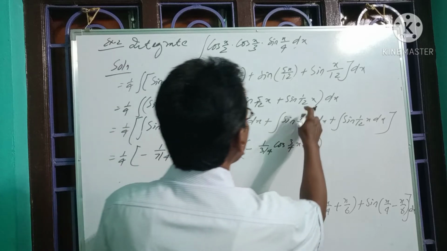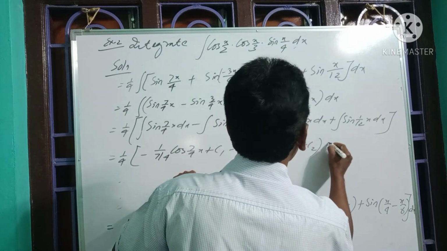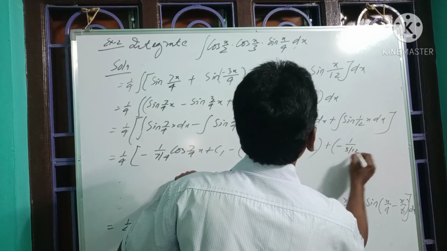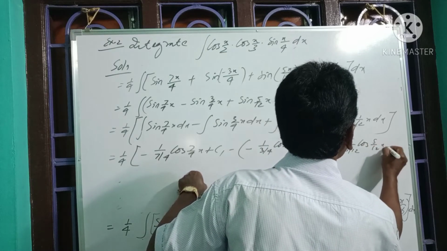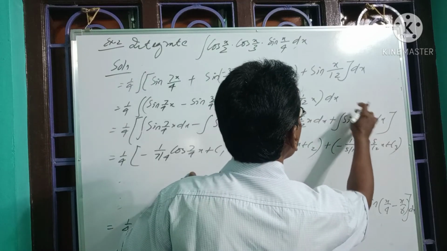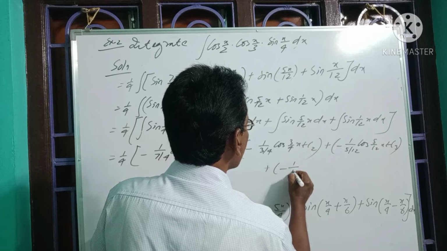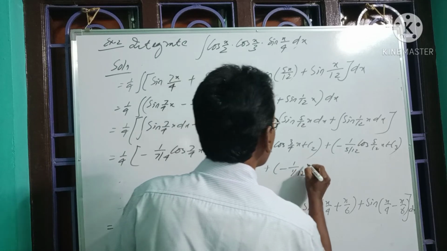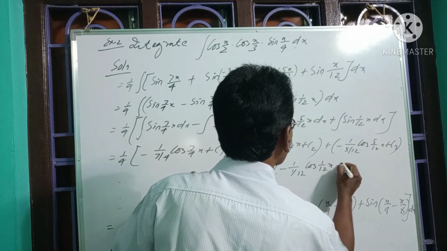Then integration of sin of 5 by 12x will give us plus of minus 1 by 5 by 12 cos of 5 by 12x plus constant c3. Finally, integration of sin 1 by 12x will give us minus 1 by 1 by 12 cos of 1 by 12x plus constant c4.